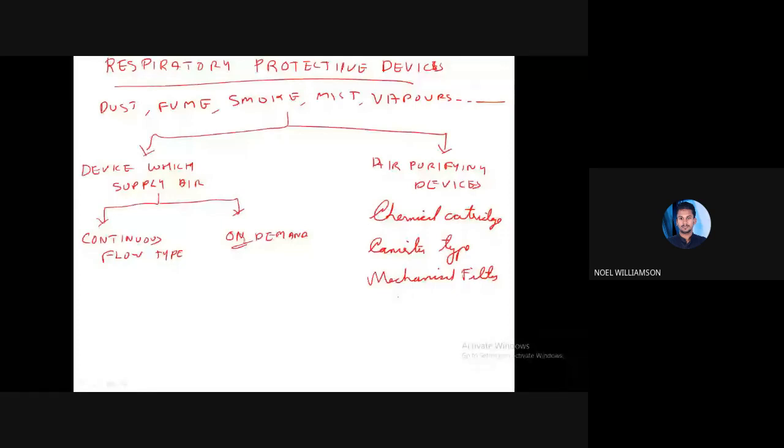In the canister type, there are some sort of chemicals that prevent harmful gases or vapors, or filter atmospheric contaminants like dust, fume, smoke, etc. And regarding the mechanical filters, there are many types of mechanical filters which will filter the dust particles or particulate matter, mainly particulate matter.